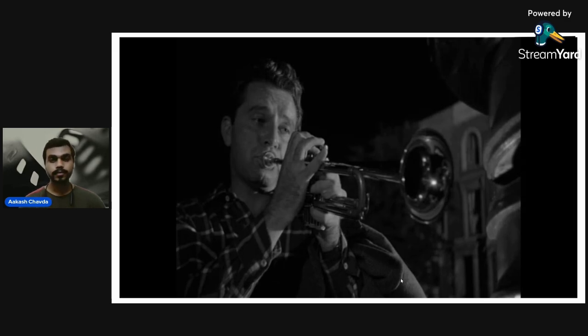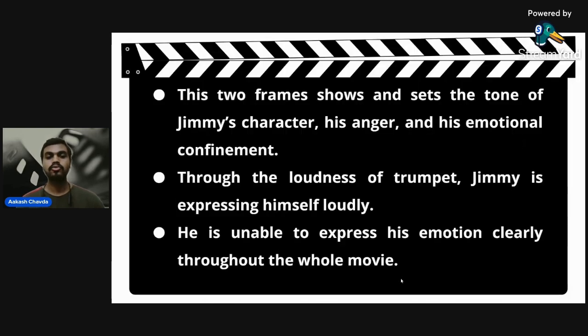The trumpet is a symbol throughout the movie through which Jimmy expresses himself. Through the loudness of the trumpet, Jimmy expresses himself loudly because he is otherwise unable to express his emotion, neither to Allison nor to his friend Cliff.